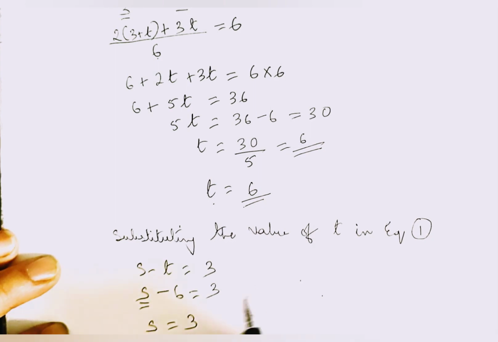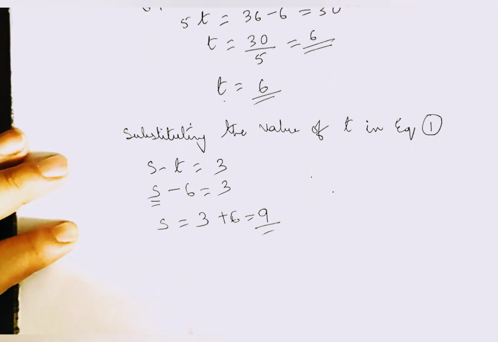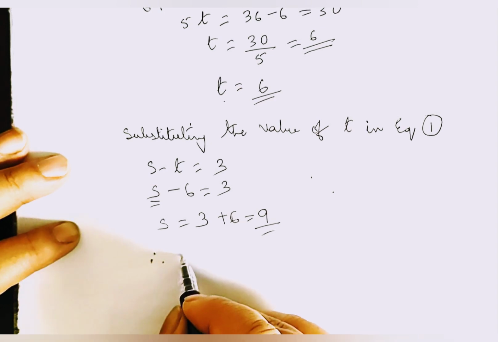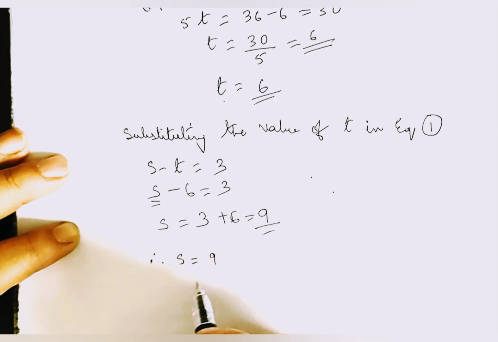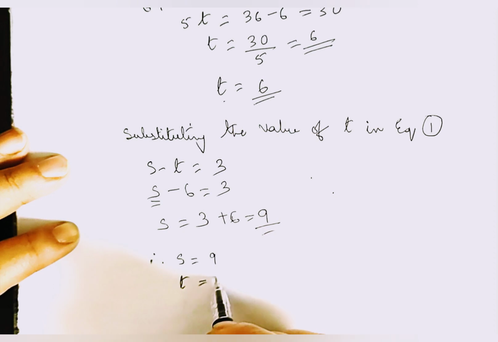As it is minus 6, it will go to the right hand side, it will become plus 6. Then 6 plus 3 is equal to 9. So what you are getting is, therefore s is equal to 9 and t is equal to 6.